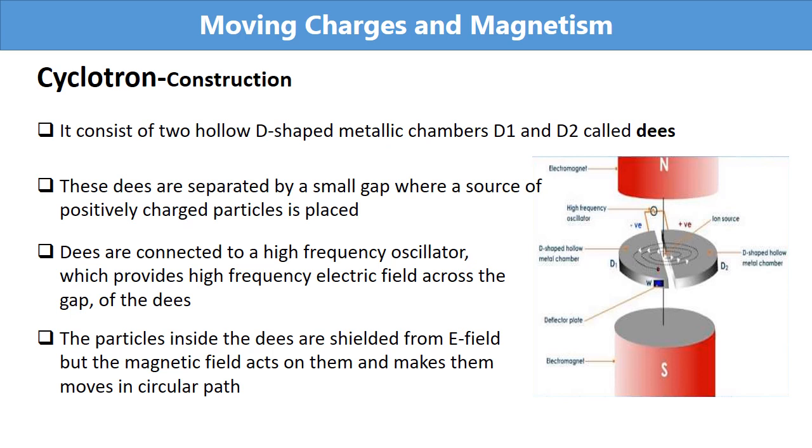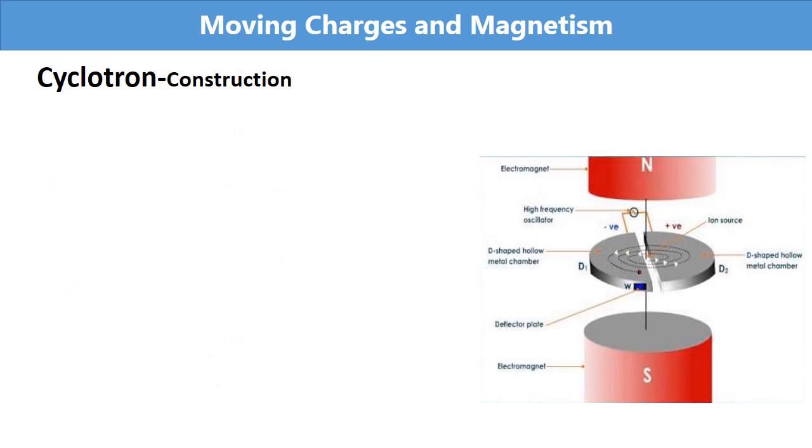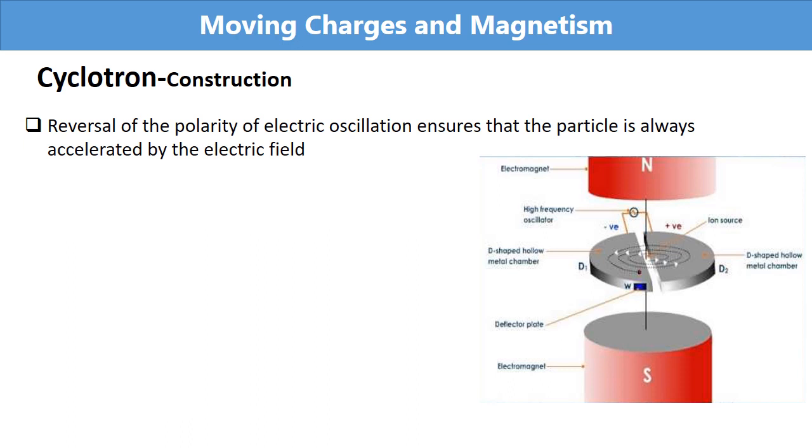Now, the particles inside the Ds are shielded from electric field, but the magnetic field acts on them and makes them move in a circular path. Reversal of the polarity of electric oscillation ensures that the particle is always accelerated by the electric field.